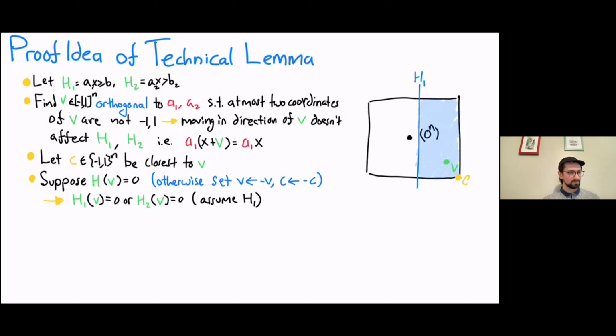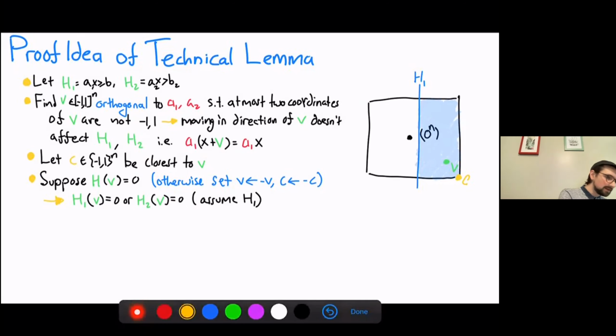Okay, so again, let me write here. This should be C. We know that C is falsified by at least one of the two children, and we assumed it's falsified by H1.